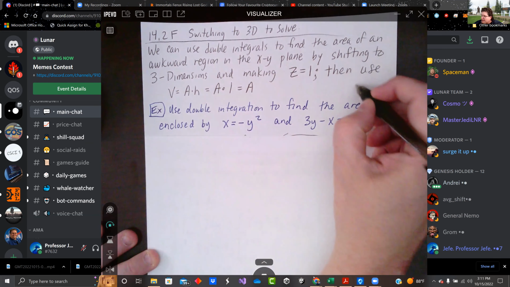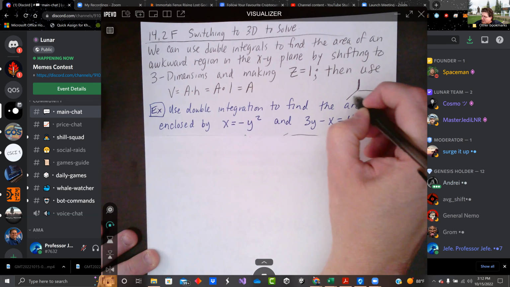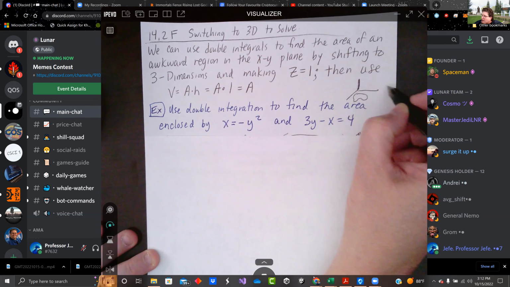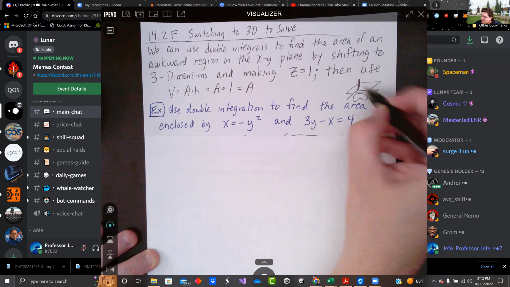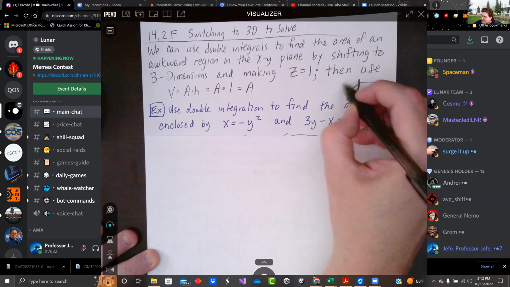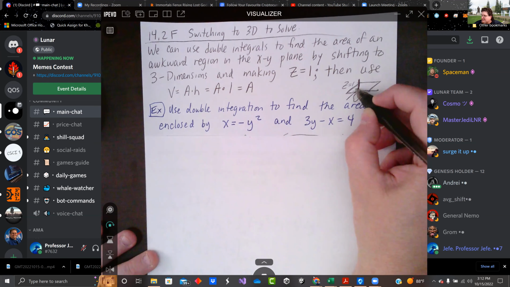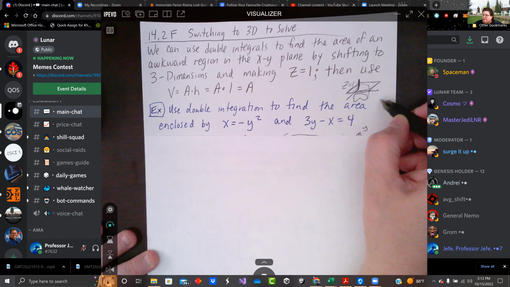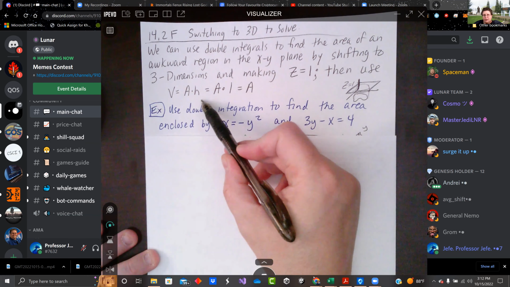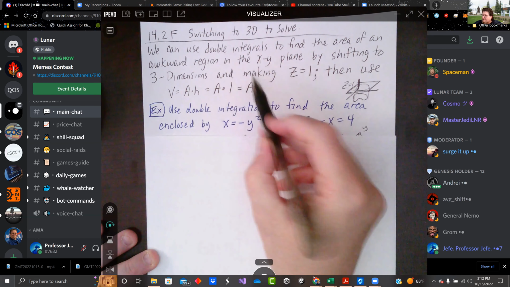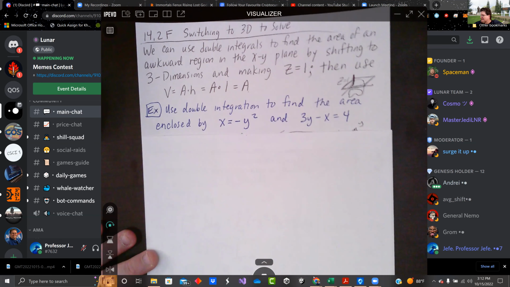We're going to use z equals 1 as the surface, and so we get some three-dimensional shape. Volume is area times height, but since the height is uniformly 1, doing the volume is just like getting the area. So let's take a look at an example.